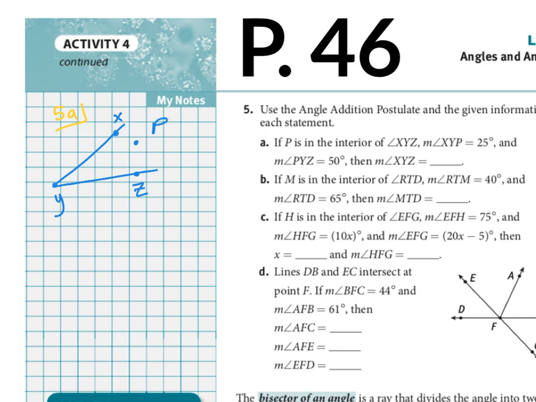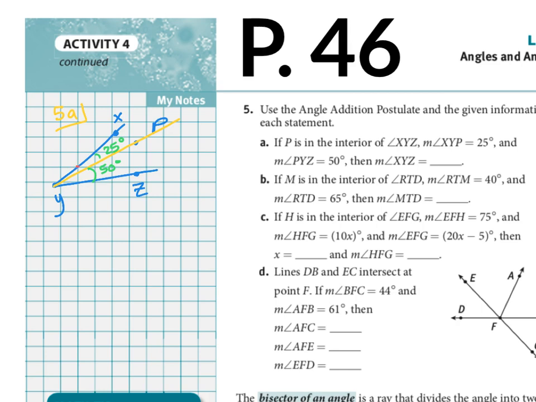If the measurement of XYP, so connect Y and P, is 25, and the measurement of angle PYZ is 50 degrees. What is the measurement of angle XYZ?